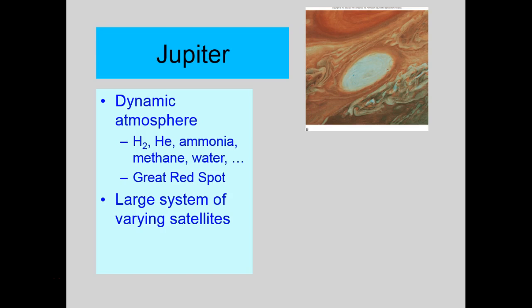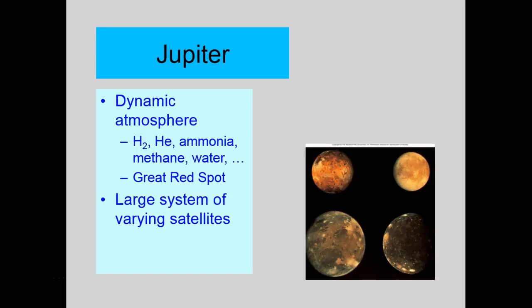Now, any idea what these are? These are the 4 largest of Jupiter's moons. Now, in your text, it's a slightly different picture, I think a little bit nicer picture. And let me see if I can hit these in the right order. The next to the smallest, upper left, is Io.